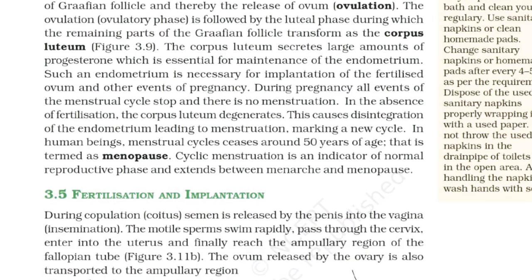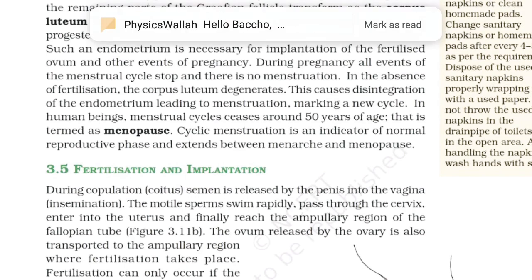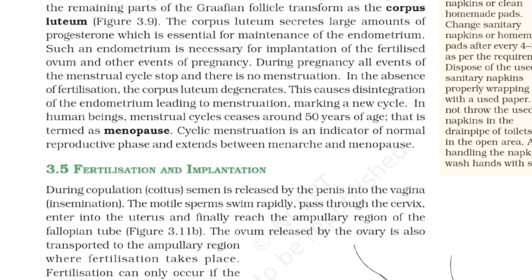Such an endometrium is necessary for implantation of the fertilized ovum and other events of pregnancy. During pregnancy, all events of the menstrual cycle stop and there is no menstruation.